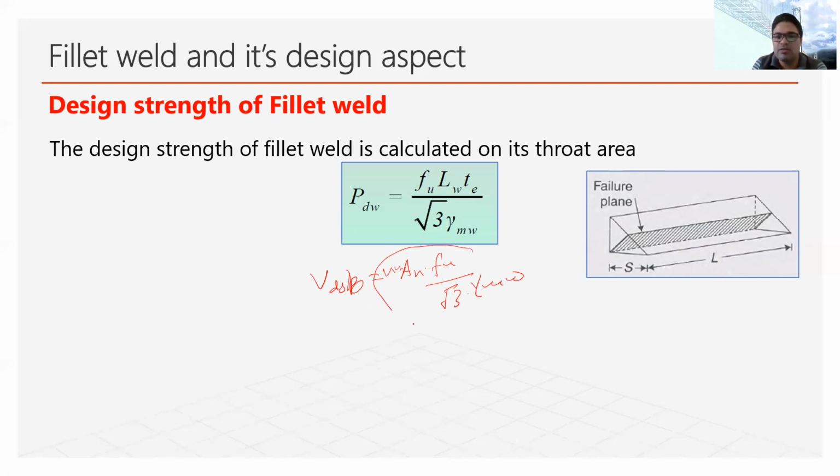So this is the formula. In that case, A_n was the net tensile area. If we see the bolt, there used to be the threads. So the lower thread area used to be 0.78 times A_s, and A_s was the shank area. So this is how we used to calculate.